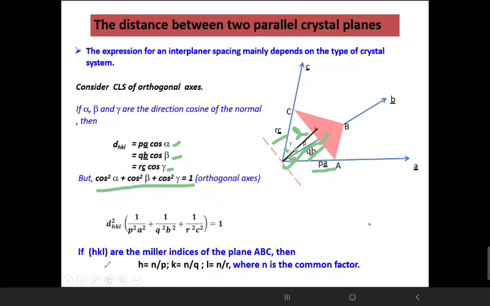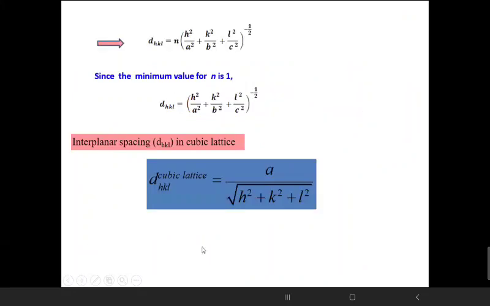Then, if HKL are the Miller indices of the plan ABC, H is equal to N over P, K is equal to N over Q, L is equal to N over R. This we already derived in the Miller indices section. So, now you are going to apply these three here.